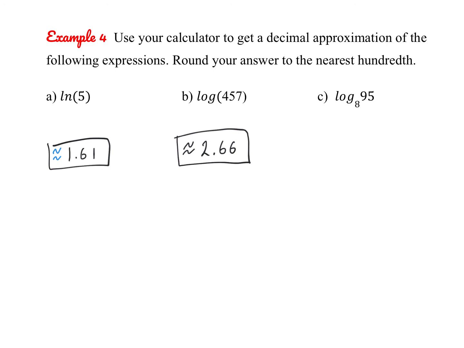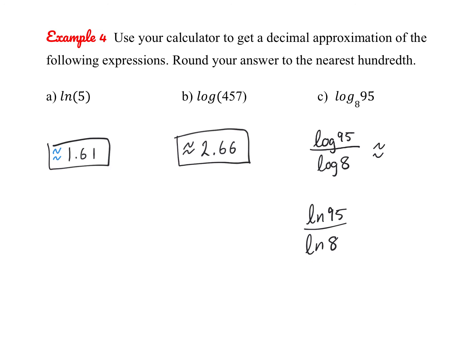And then for this last one, again, your scientific calculator cannot do any and all bases of logarithms. It can only do common logs and natural logs. So we're going to need to rewrite this using our change of base formula. So you can either rewrite it as the common log of 95 over the common log of 8, or you could do natural log of 95 over the natural log of 8. And either way, you should get the same approximation. So let's do common log of 95 divided by common log of 8.